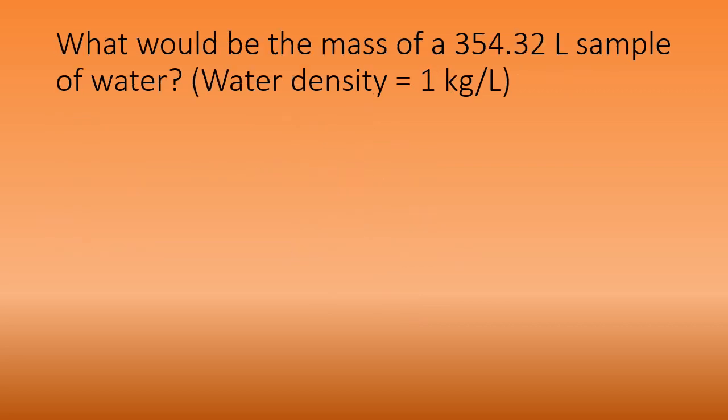This question asks, what would be the mass of a 354.32 liter sample of water, given water's density to be 1 kilogram per liter? And so, as always, we're going to write out our density formula. Density equals mass divided by volume. Density is given to us as 1 because we're talking about water, 1 kilogram per liter in this instance.